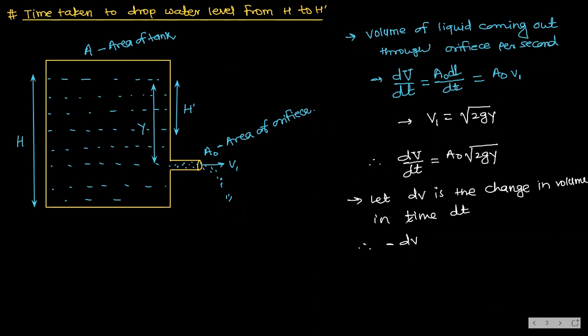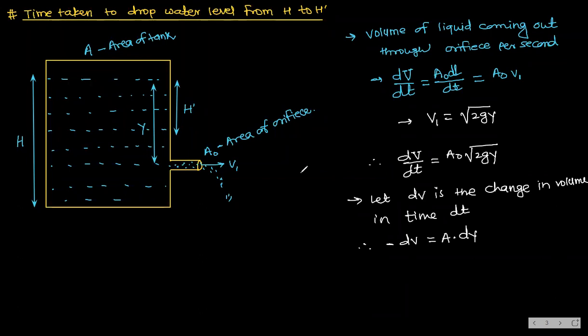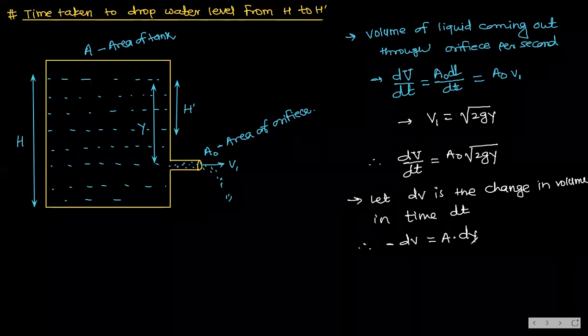Because the water level is going down, so minus dv is equal to what I can write? Area into length, which is equal to dy. Minus dv is equal to A into dy. Why am I taking A? Because A is the area of this tank. So in time dt, the level of this liquid will go down, and this change in volume dv is A into dy.